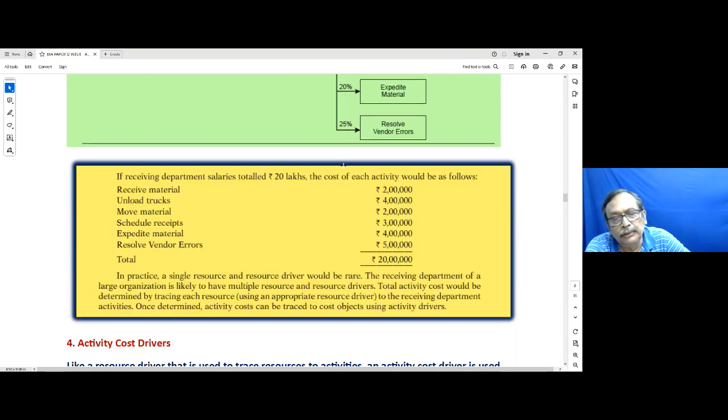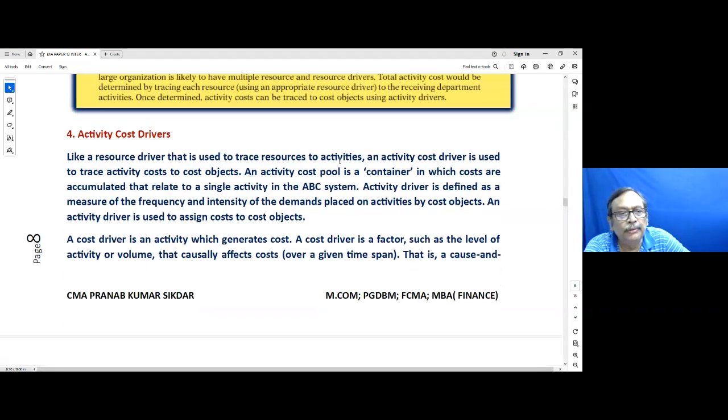Now we are coming to another important phenomenon, that is activity cost drivers. Please try to understand the concept involved in activity-based costing, because when you pass the final examination and do your job in many big organizations nowadays, the activity-based costing perception is followed.